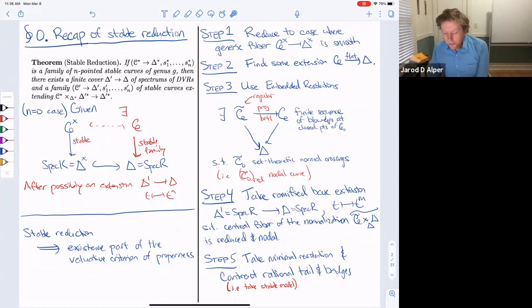And then to get rid of the multiplicities on the exceptional components, we argued that you could just take a ramified base extension and then normalize the base change. And then you can arrange that the central fiber is reduced and nodal.